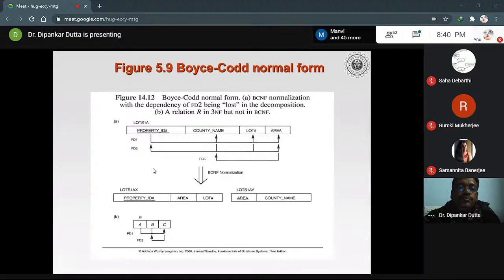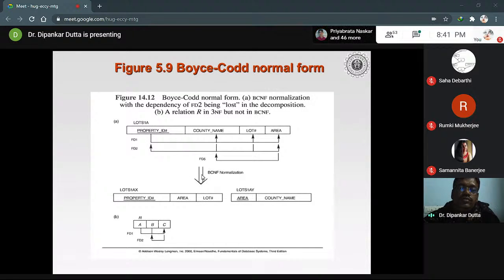See, property ID and country name determine lot and area. On area, country name depends. And on country name, property ID and lot, property ID and area depend. So three functional dependencies are there.